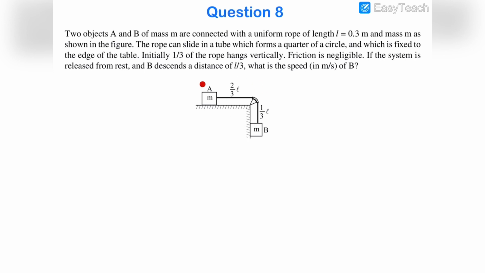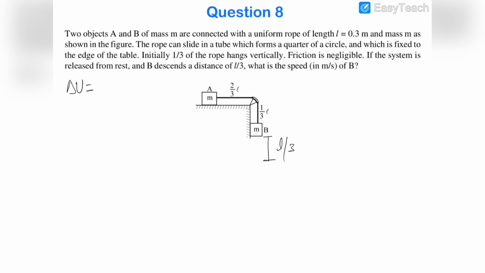Initially the situation is shown in the figure, and this system is released from rest, and we have to find out the speed of A and B at the time when B descends down by a distance of L by 3. So what we have to do is find out delta U of the system. You can see that this block descends down by a length of L by 3.